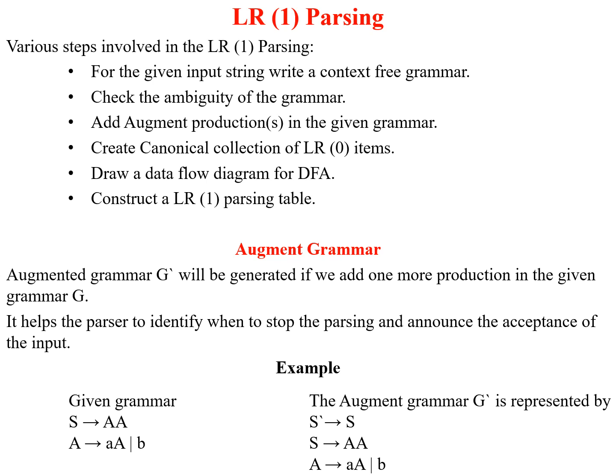An augmented grammar G bar will be generated if we add one or more productions to the given grammar G. That means in addition to the given productions in the grammar G, we are adding one or more additional productions, to help the parser identify when to stop the parsing and announce the acceptance of the input.